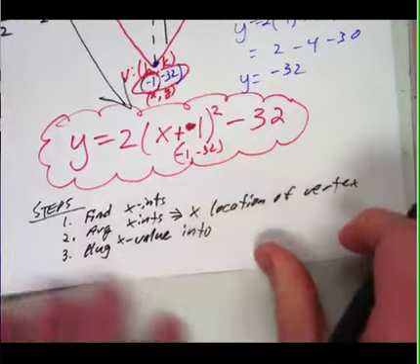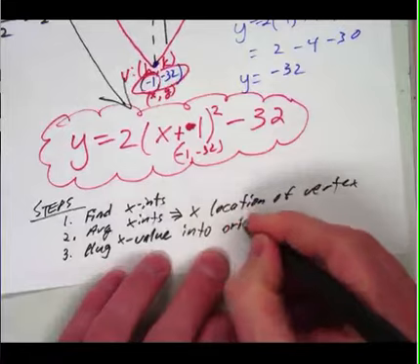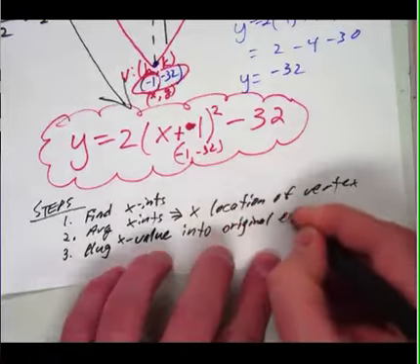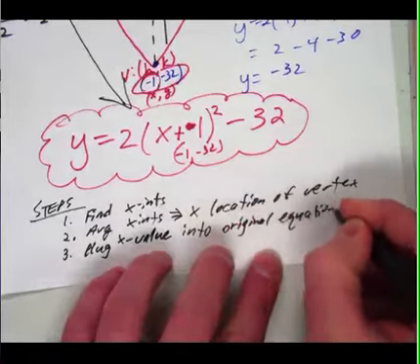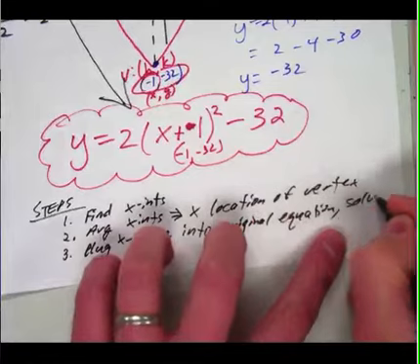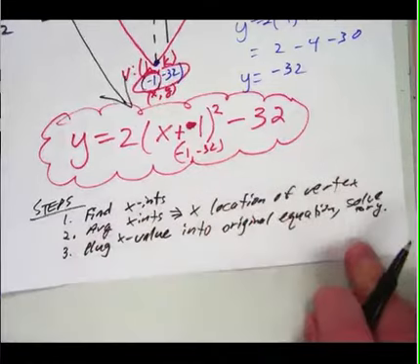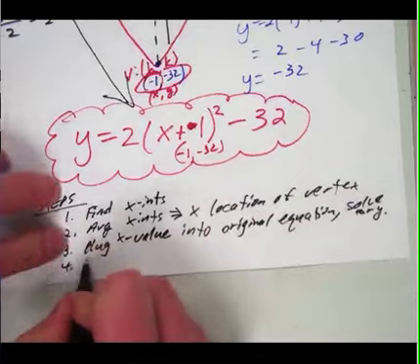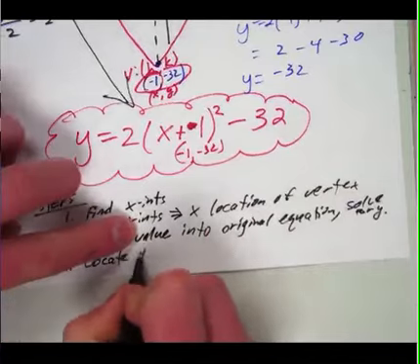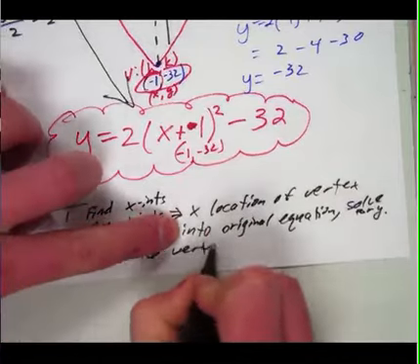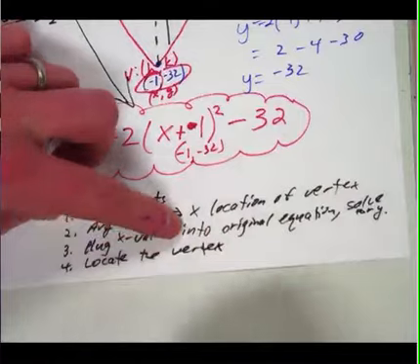And once you plug it into the original equation, what you're getting when you do that is you're solving for y. You're going to figure out the y value of the vertex. Now you know the x and y value of the vertex, so you can locate the vertex. The vertex is the key point because the vertex is telling you h and k.